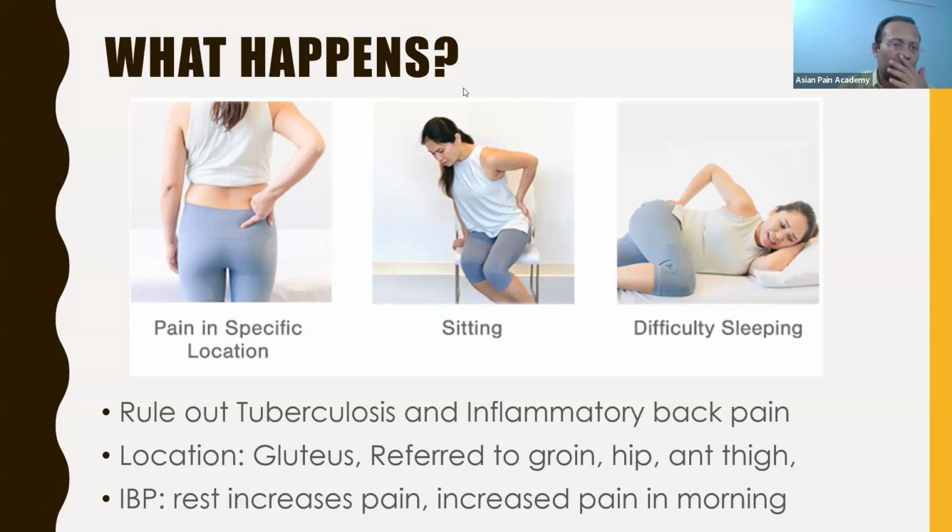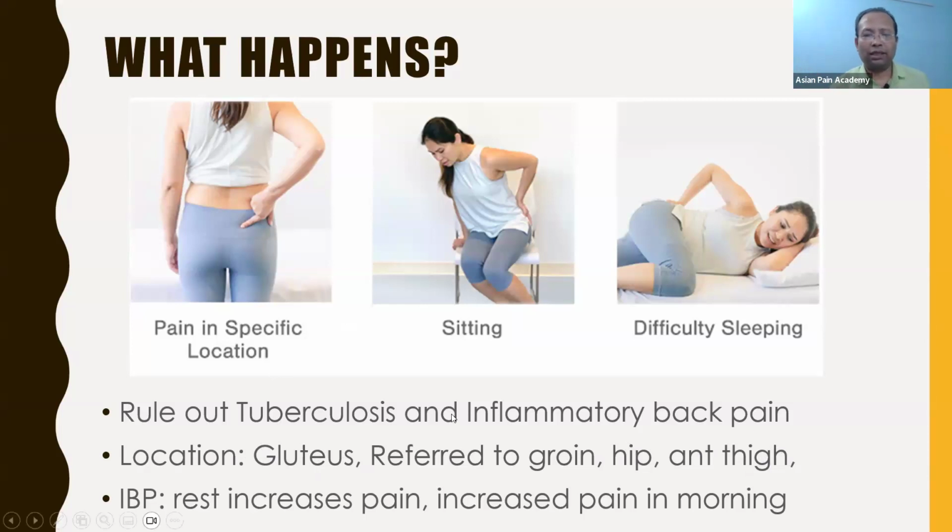But referred pain doesn't have a typical dermatomal pattern. Somebody has SI joint pain, he can have back of the thigh pain or some amount of knee pain or calf pain, and there is no continuity. That is called referred pain. So here the location is a pinpoint location, and it can refer to the groin and hip or anterior thigh. These are common referral patterns.